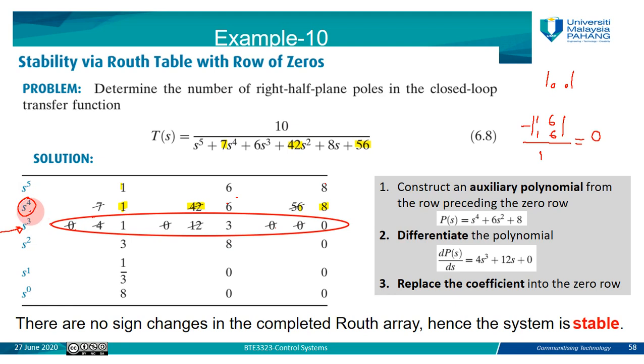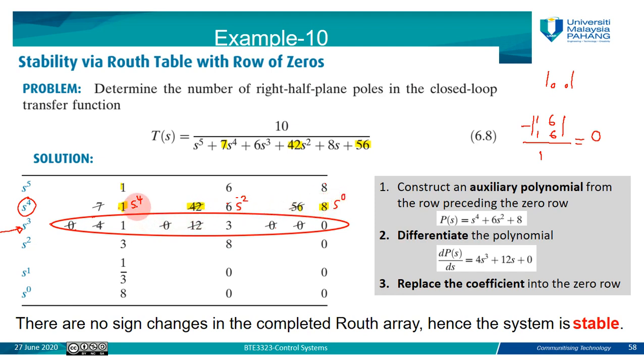What should I do? I need to write the equation of this row. The equation of this row represents the coefficient times the power of s. So this is the coefficient of s to the power of 4, this one is the coefficient of s squared, and this is the coefficient of s to the power of 0, correct?